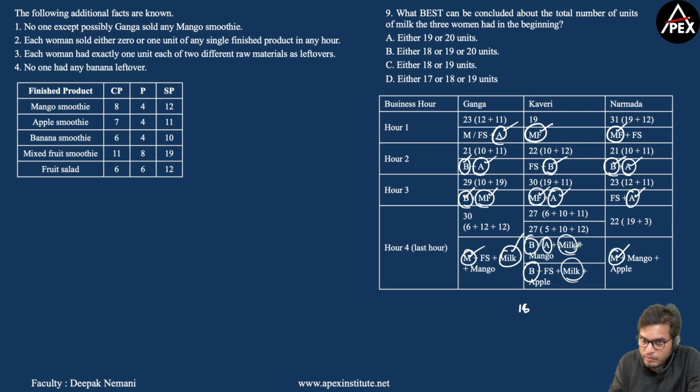If I consider these three, that would be 19. And if I consider 1 unit of mango smoothie being sold by Ganga in the first hour, then you will be having 1 more extra unit of milk that's being consumed. So it can also be 20. So the answer for this question should be either 18 or 19 or 20.